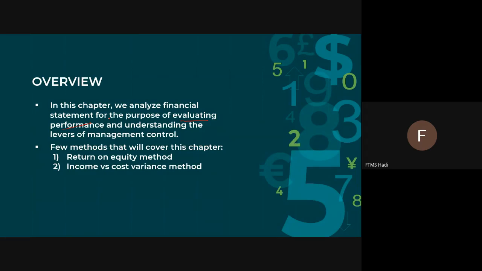That means if the performance was so bad, management needs to do something about it. A few methods we'll cover in this chapter are the return on equity method, and the last one will be the income versus cost variance method. So there will be two types of calculation.